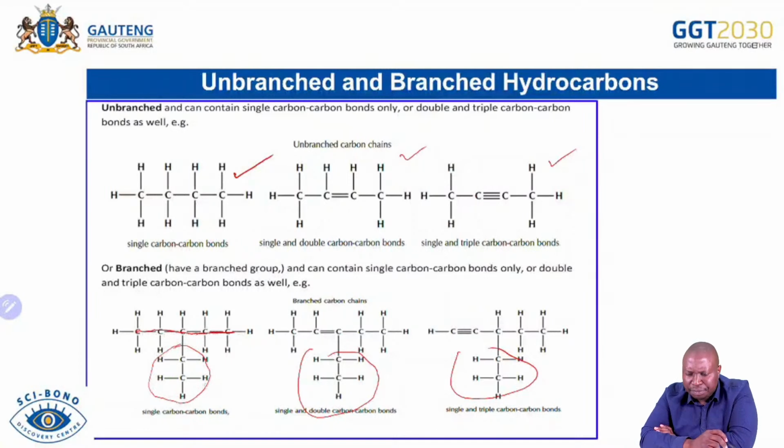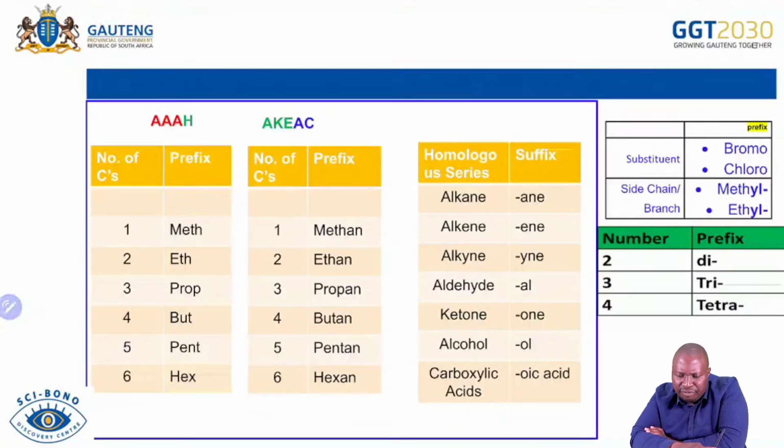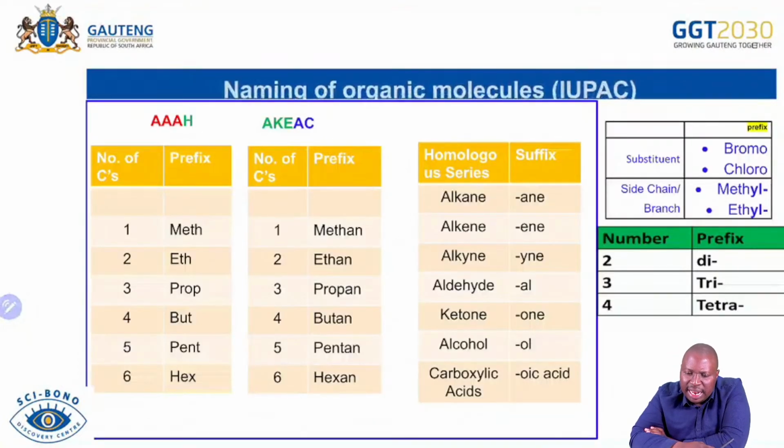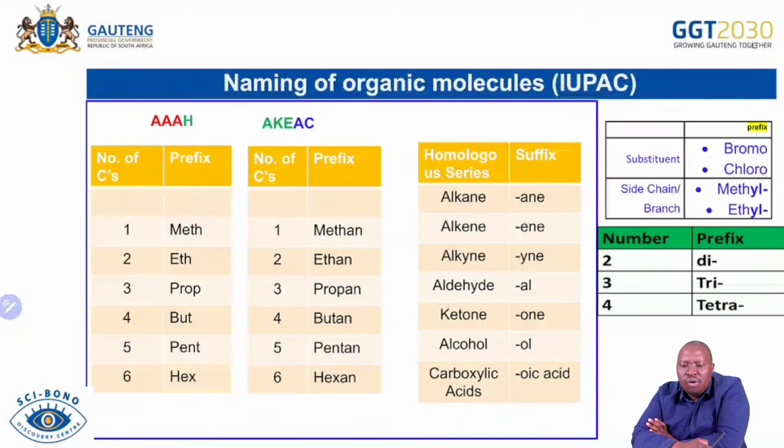Now, the other thing that we emphasized on this slide was that these branches can be found in alkanes, alkenes, and alkynes. In real sense, almost all these homologous series do have these branches. Now, this is the most important slide when it comes to naming of organic molecules. This must be your friend.